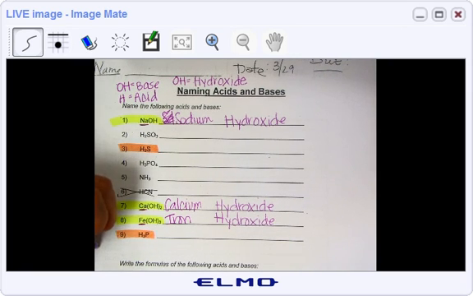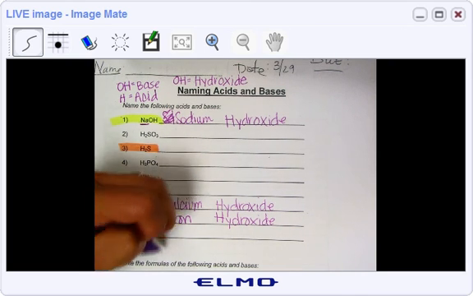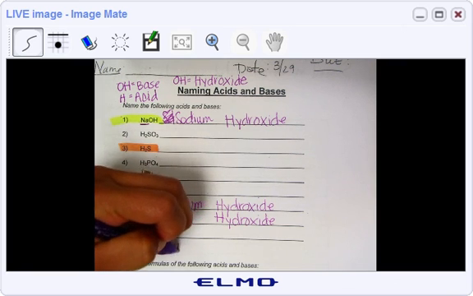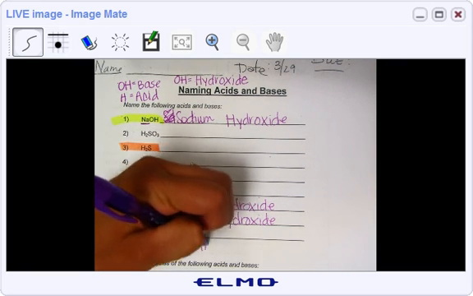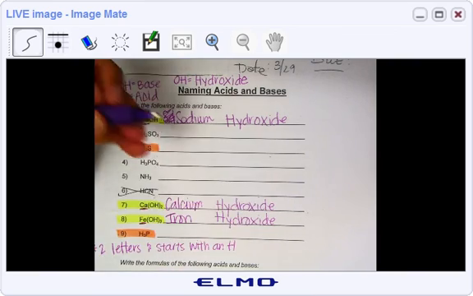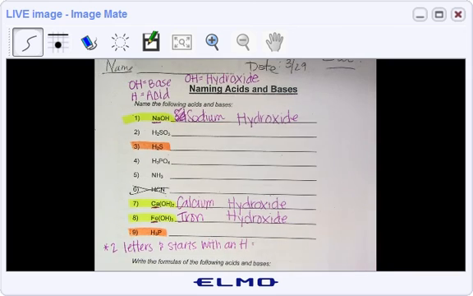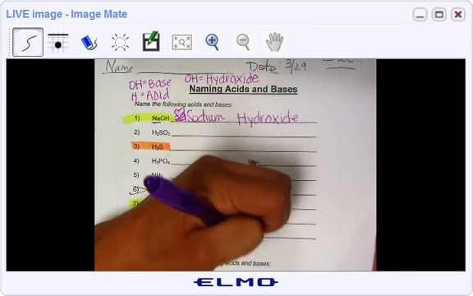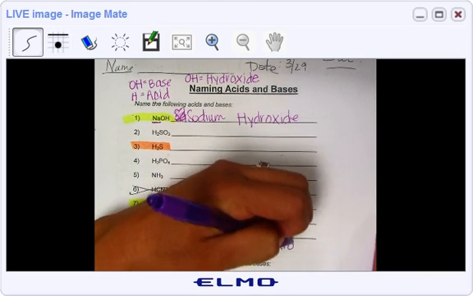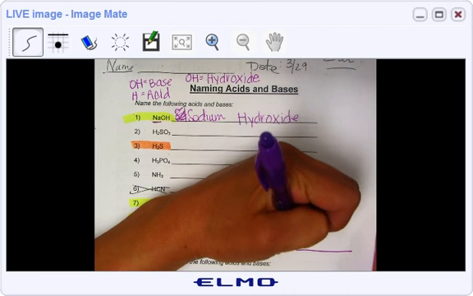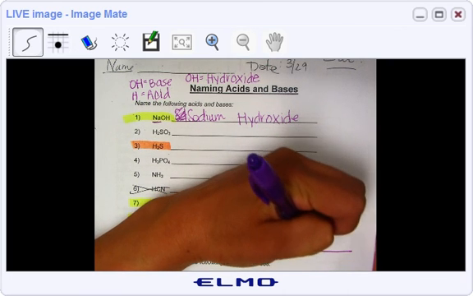If it's 2 letters and starts with an H, you start off writing it. First of all, it is an acid, but it starts with hydro. It's hydro and then whatever the element is, element name.